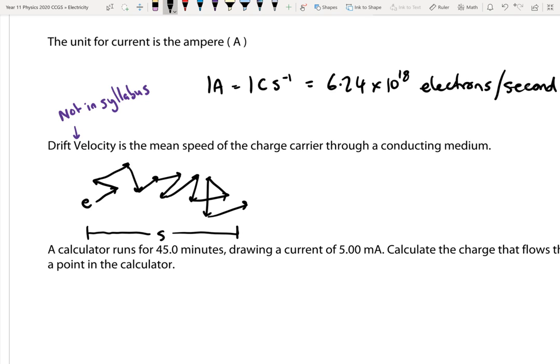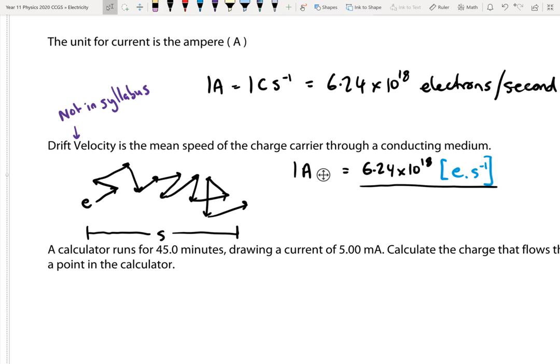But let's just take my friend dimensional analysis and say that 1 amp is 6.24 times 10 to the 18 electrons per second. Hang on, let me use my dimensional analysis pen. Electrons per second. And if I divide by how many electrons we had in a meter of copper, which we learnt last lesson was 2.14 times 10 to the lots of electrons per meter, look what we end up with.